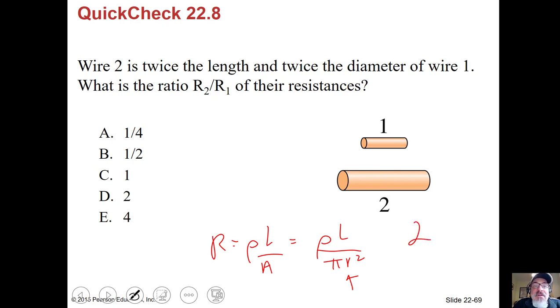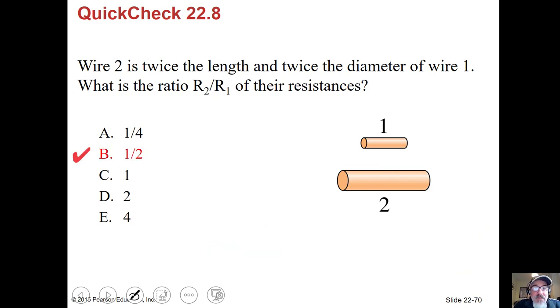The fact that its diameter is twice as big, don't forget, makes its radius twice as big, so in the formula you have to square it. So the contribution from the length is 2 times more. The contribution from the diameter being twice as big is, you have to square it in the formula, 1/4 as much. So it turns out to be 1/2 as much when you put those two factors together.